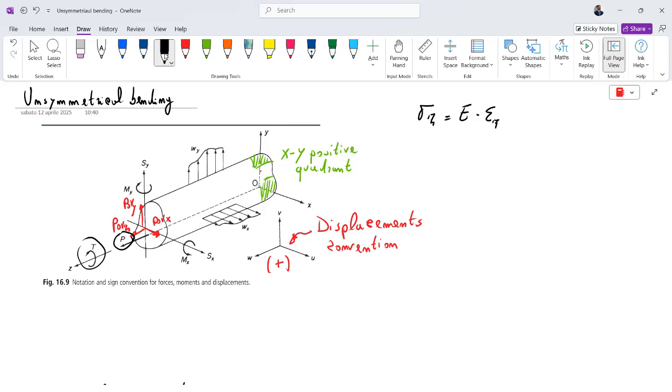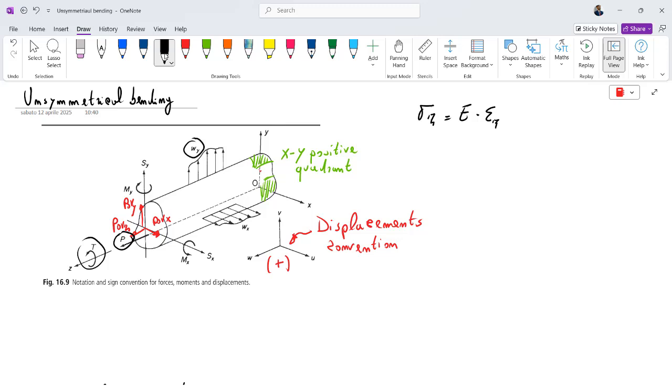My and Mx are the two components of the bending moment that in this case is unsymmetrical. That also means that the vector of the applied bending moment is not acting on only one axis. So after there is a picture that clarifies all this.